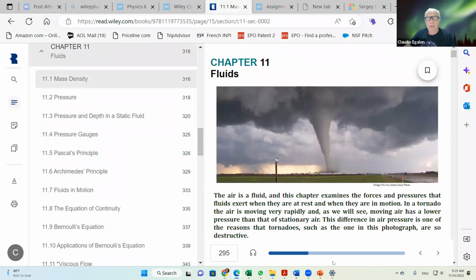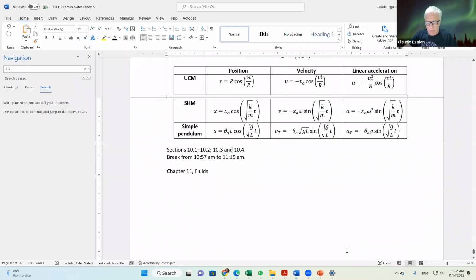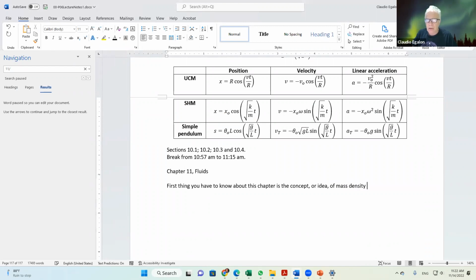The first thing that you have to know about this chapter is the concept of mass density. That's the first concept, the first idea. Most of you are already familiar with this idea, but I'm going to review it. The first thing that you have to know about this chapter is the concept or idea of mass density, or just density.